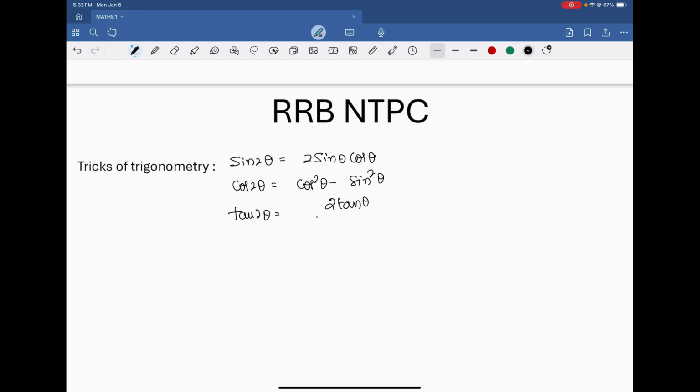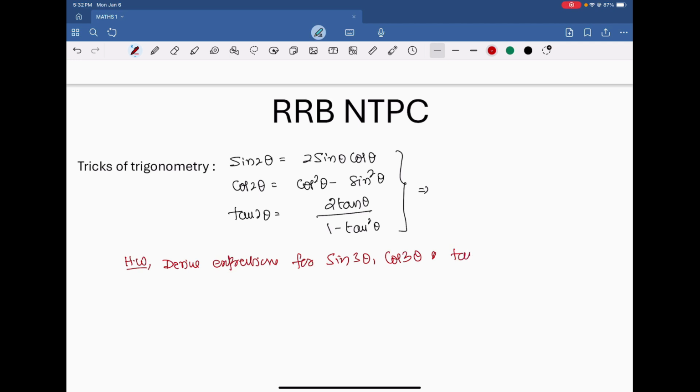Then as a homework, I want to ask you to derive expressions for sin 3 theta, cos 3 theta, and tan 3 theta. I will give a hint. Solve for sin 3 theta, and you solve for the others.